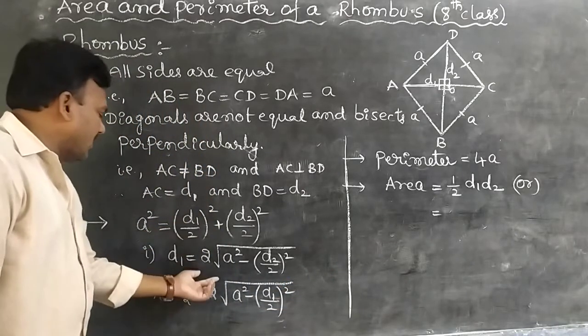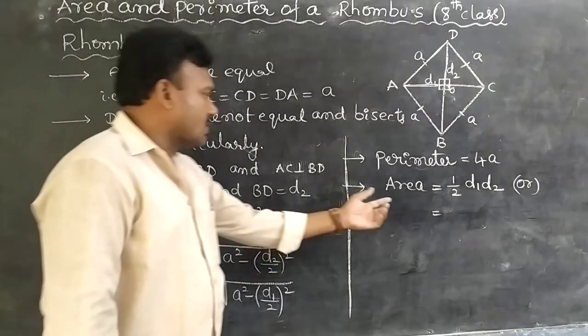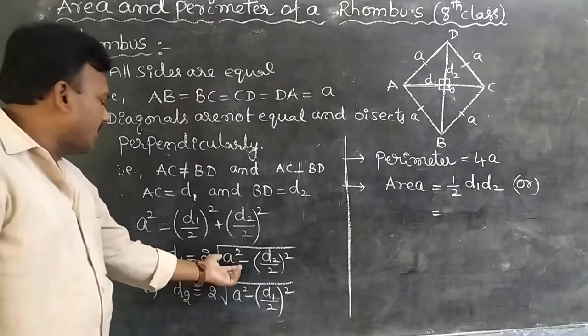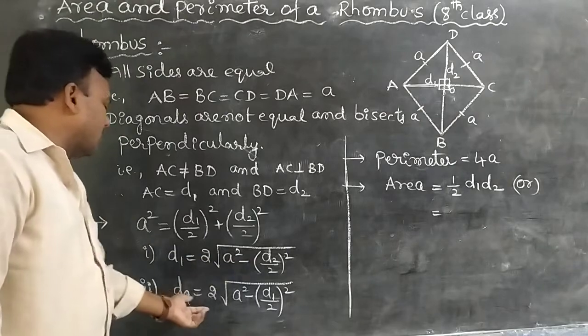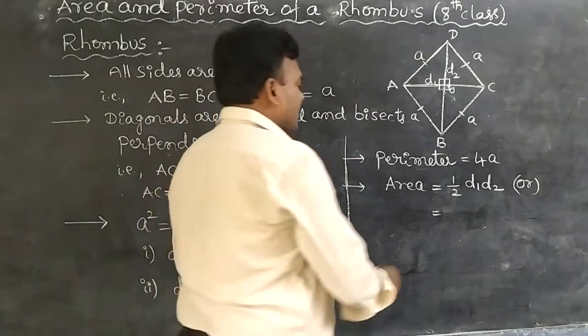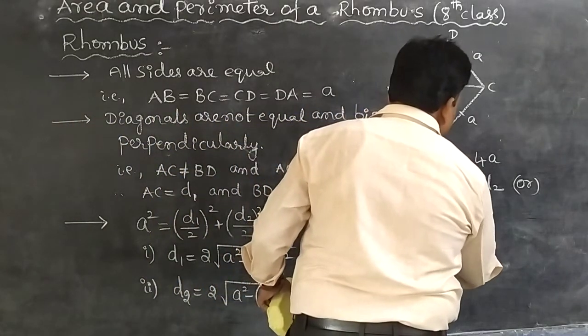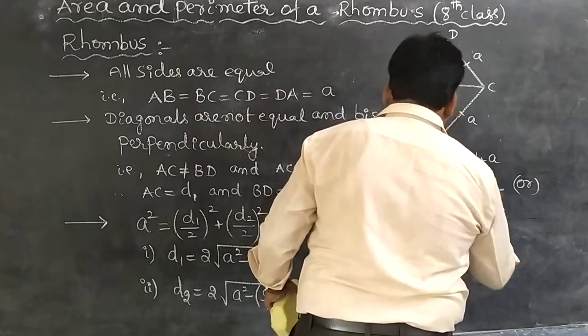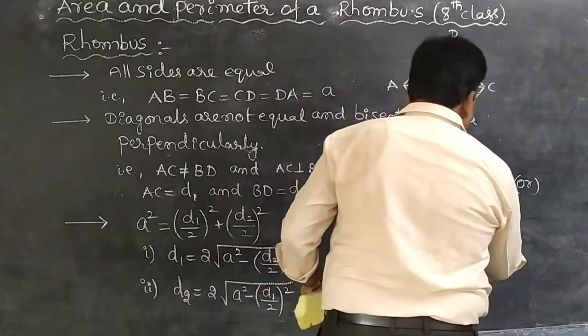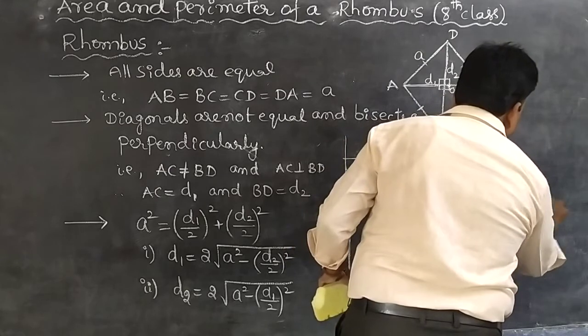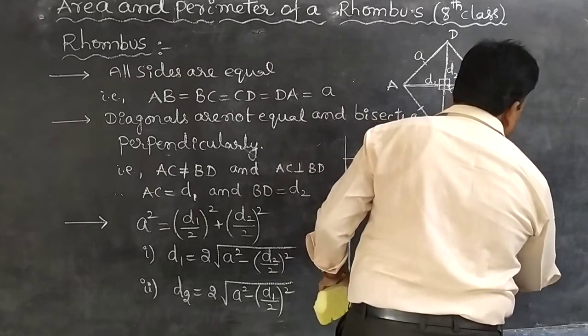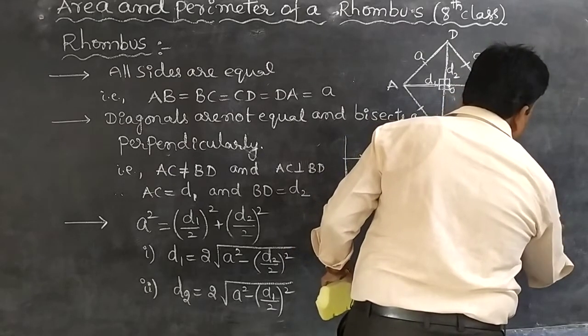By using this formula we derive here, students. Here D1 is replaced first using this formula, and next, in the second one, D2 is replaced using this formula. Observe carefully: 1 by 2 D1 into 2 into square root of A square minus (D1 by 2) whole square.